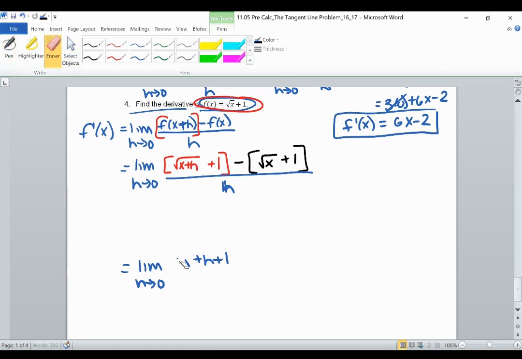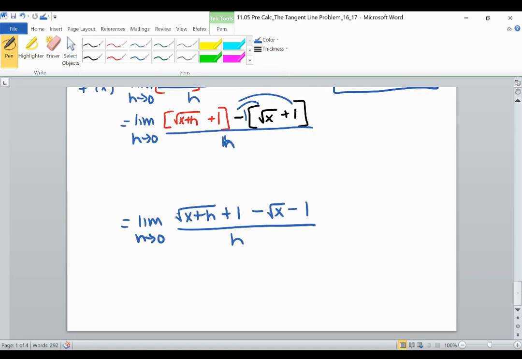Let me rewrite that for you. x plus h plus 1 minus, and we're distributing our negative here, minus rad x minus 1 all over h. And we can see here that our 1's are going to cancel. So I get the limit as h approaches 0 of the square root of x plus h minus the square root of x all over h.